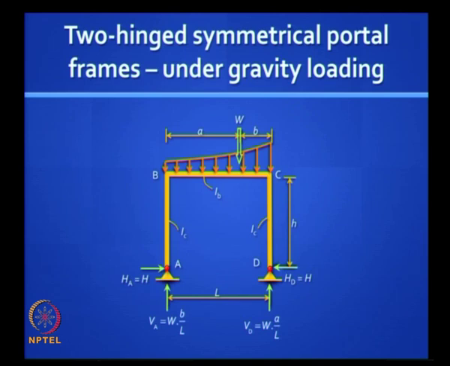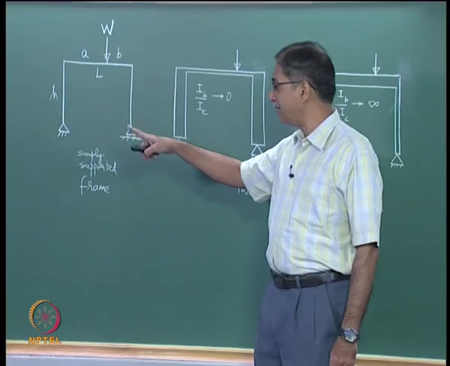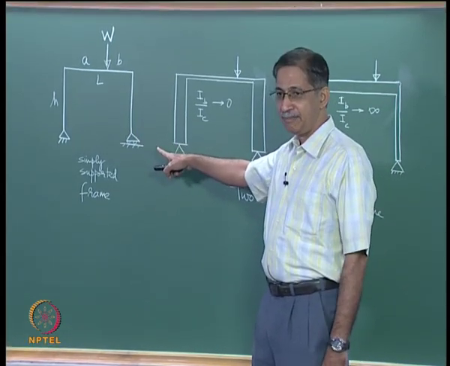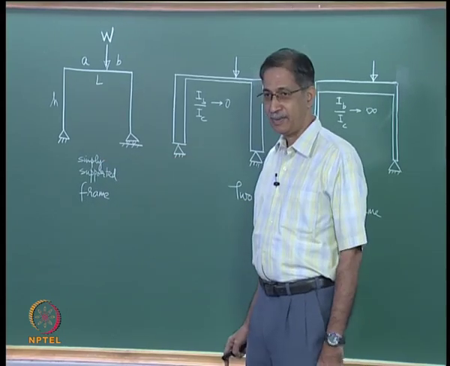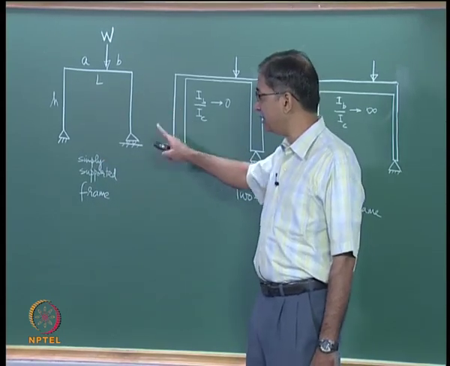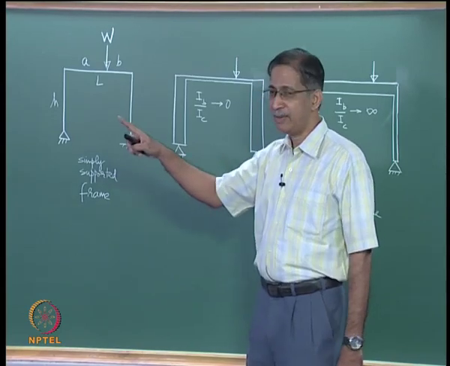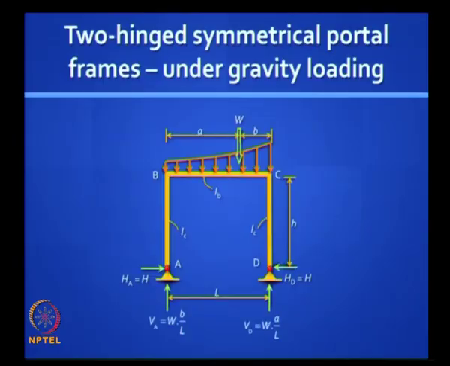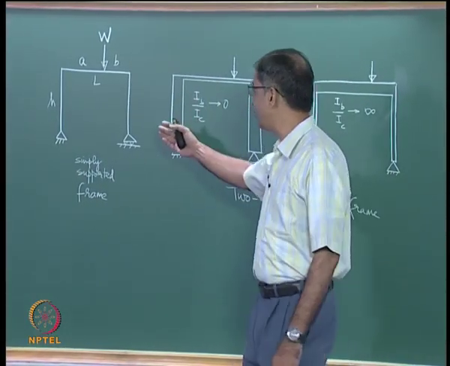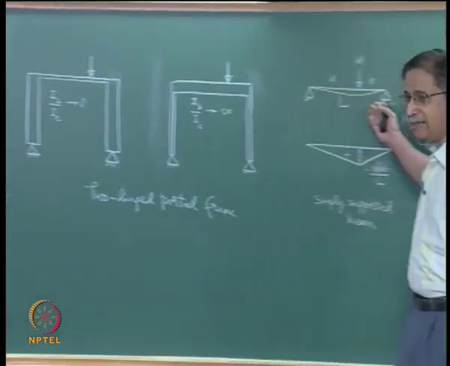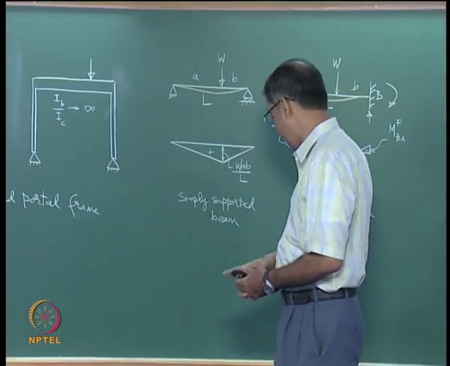Now I want you to look at these pictures which I have drawn. Take a look at this. This is that same frame, but it is simply supported. That means one of the supports is a roller support. In what way is the behavior of this frame different from the original frame? There will be no bending moments in the column, and in fact this will behave exactly like a simply supported beam.